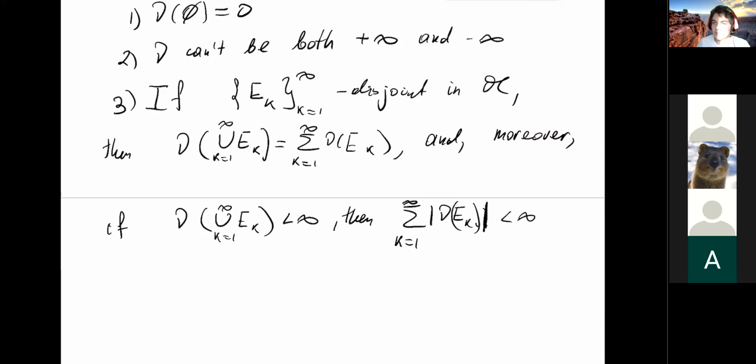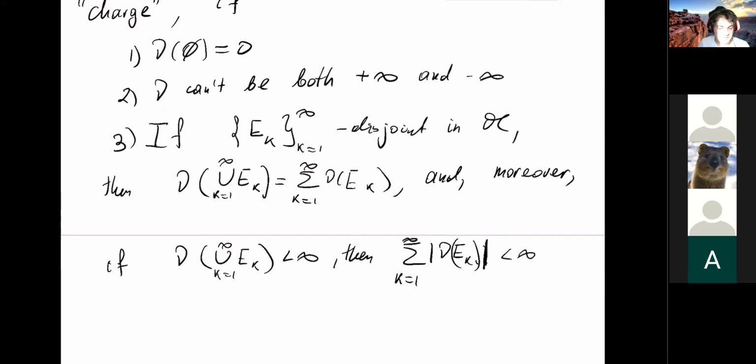So before, I just want you all to compare this to the actual measure. So, well, property 1 is satisfied for a regular measure. Property 2 is also satisfied for regular measure because a regular measure cannot be minus infinity. So 2 is fine.